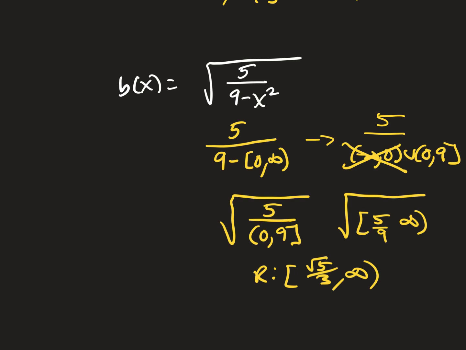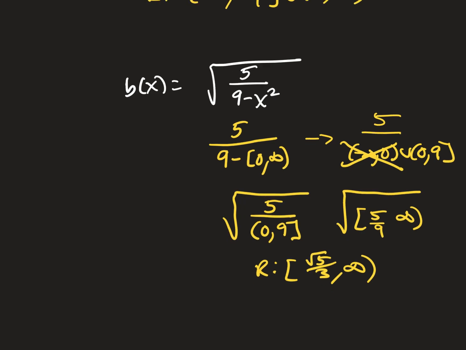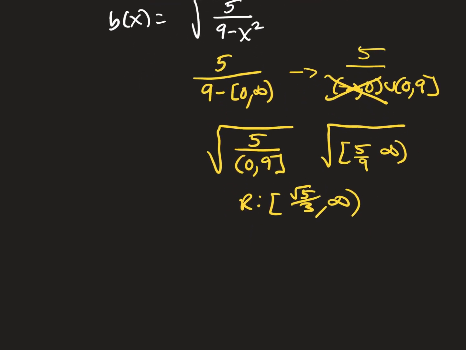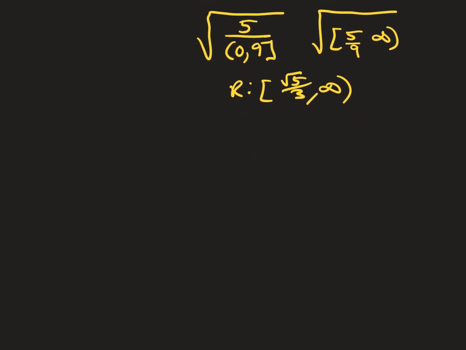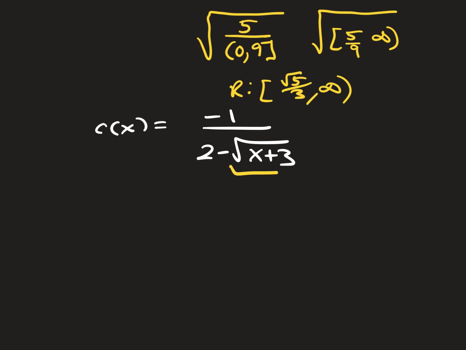Okay, that was B of x. Last one, C of x. C of x is -1 over 2 minus the square root of x plus 3. Once again, looking at the variable piece, coming out of a square root can only be 0 or positive.